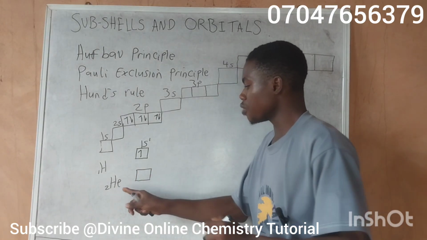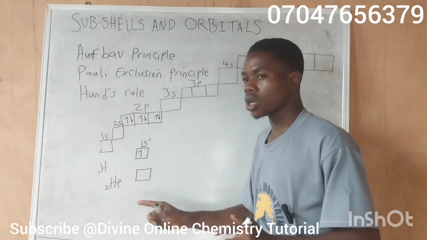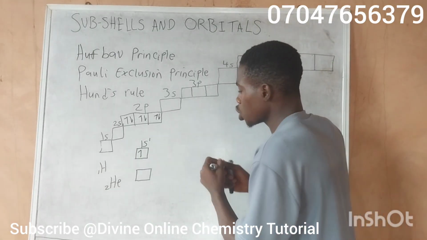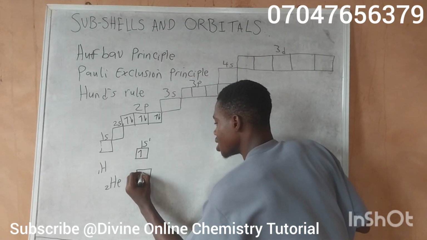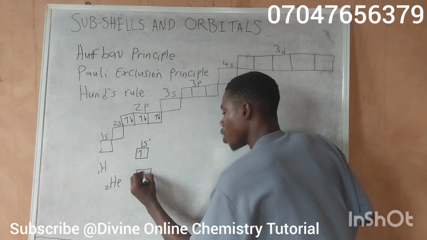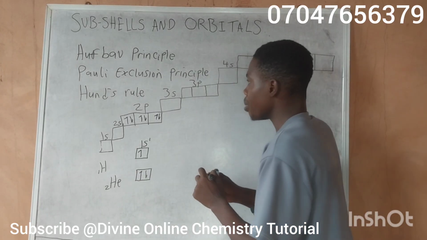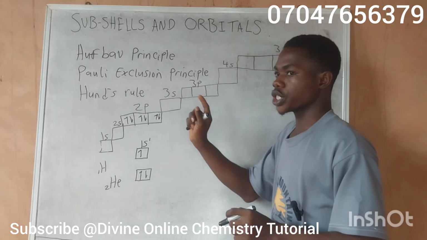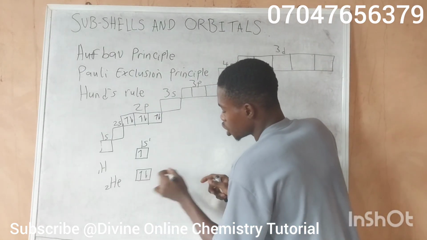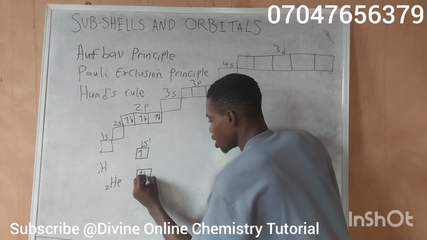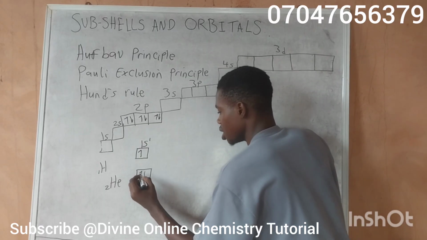Because helium has 2 electrons, you write it like this. Electrons are usually represented with arrows in orbitals. One will be facing up, while one will be facing down, as proposed by the Pauli exclusion principle. The electrons must be opposite spinning. So take note of that.